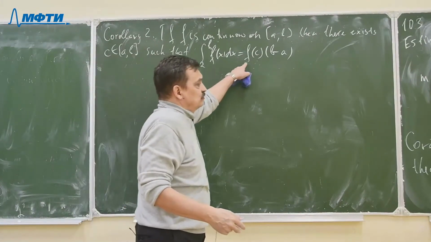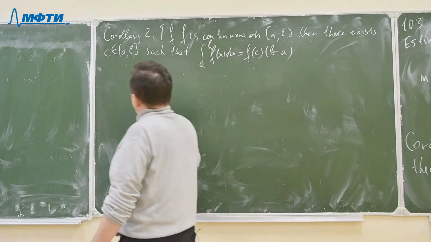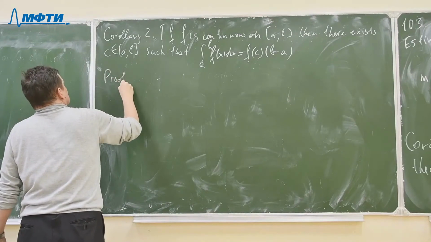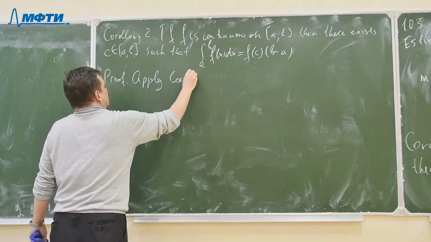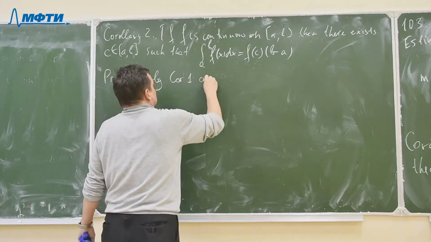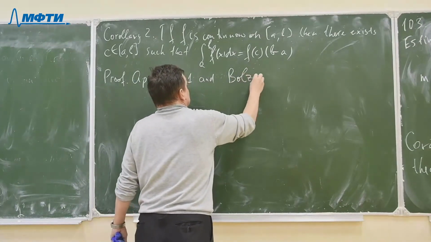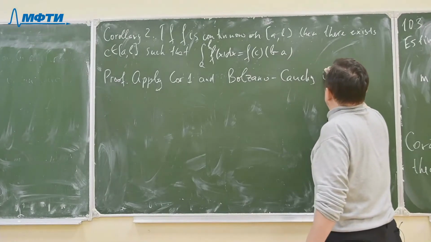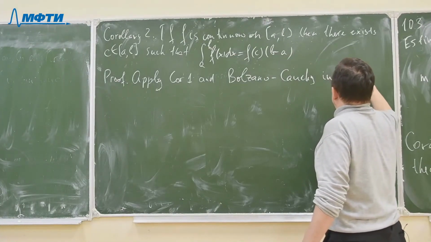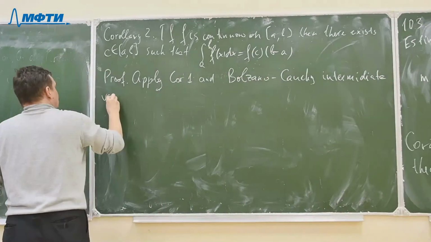Why is it true? We need to apply corollary 1, so proof: apply corollary 1 and the Bolzano-Cauchy intermediate value theorem.